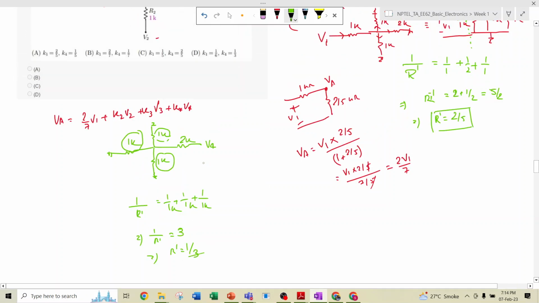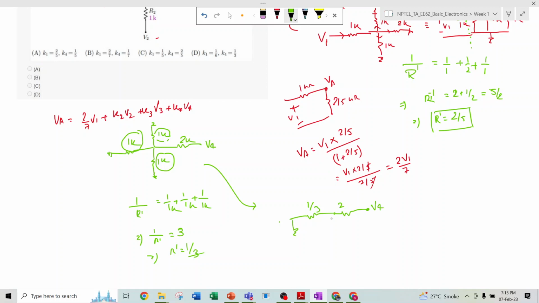So now you can see this 1 by 3. This circuit you can write in this way: 1 by 3, 2, here it is V4, and here it is grounded. So what is the voltage across it?